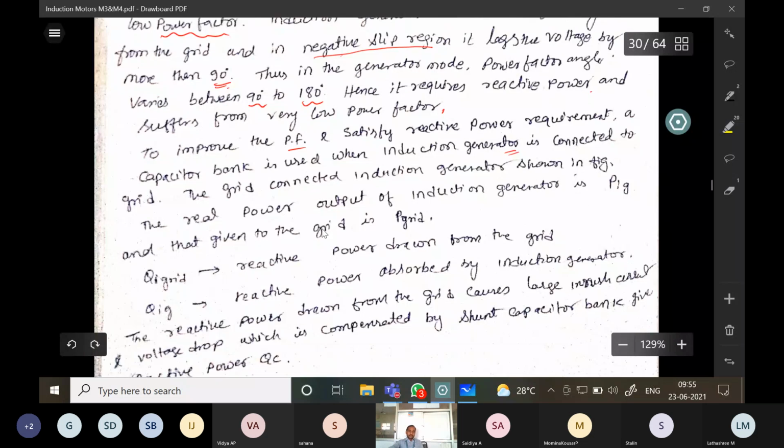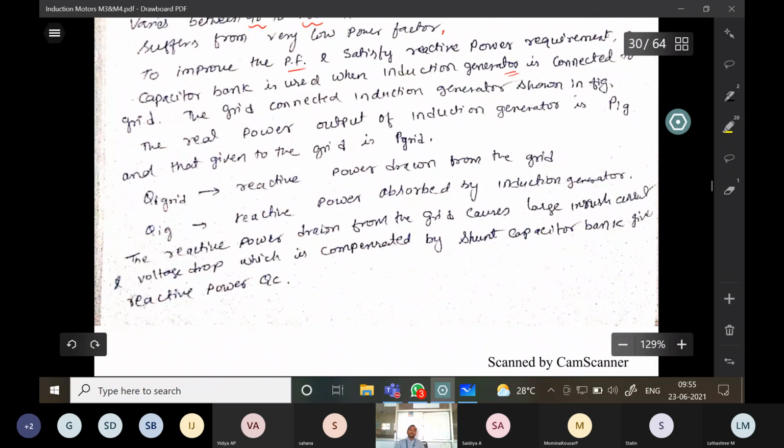So what happens now in the grid connected induction generator? We will get the real power output. Real power or active power, both are the same. P is called real power or active power, and Q is called reactive power.